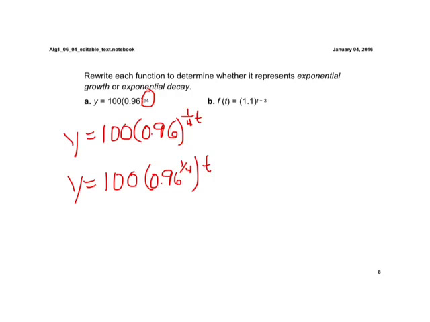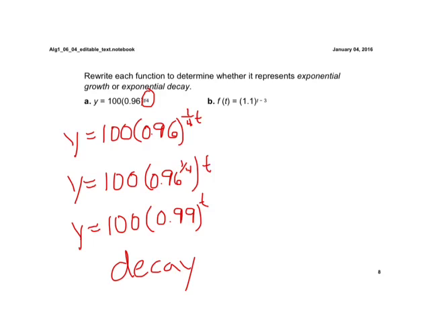Now we need to do the math there. If you type that in your calculator, you're going to get 100 times, in parentheses, 0.99 raised to the t power. And what we can see there now is it's less than 1, so this is actually exponential decay.